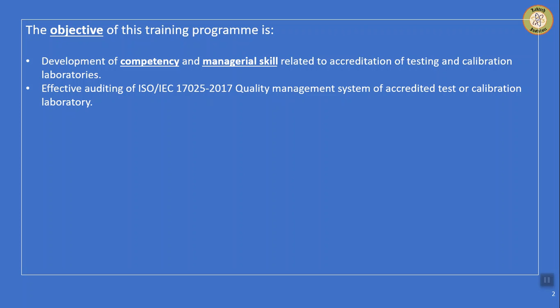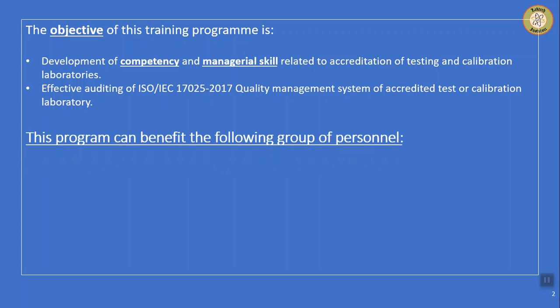So it covers both the implementation aspect for a laboratory getting new accreditation or sustaining or improving on their existing accreditation, and also it gives the effective auditing skill, an understanding of how to do the audit of ISO IEC 17025:2017.